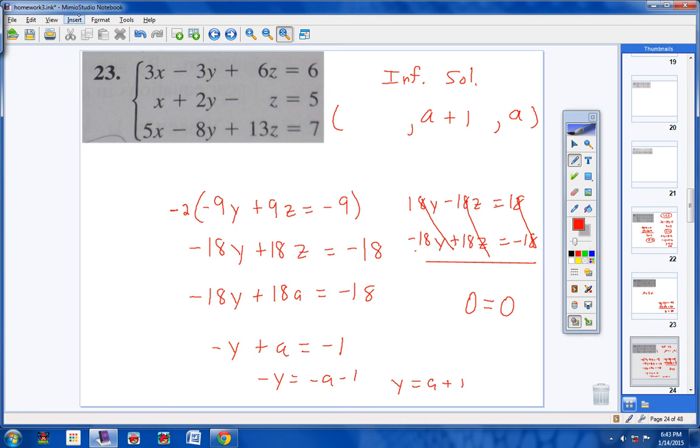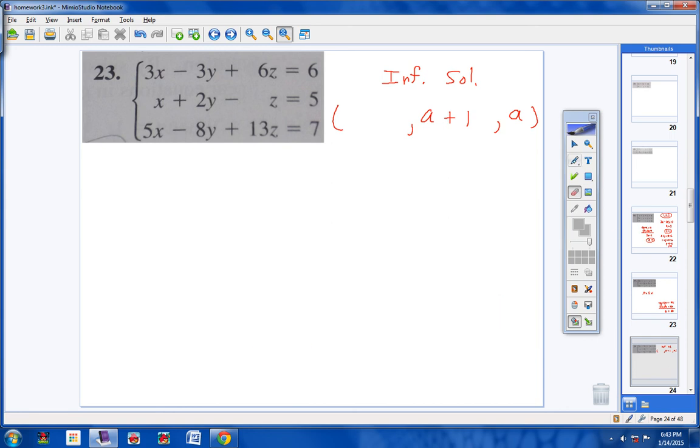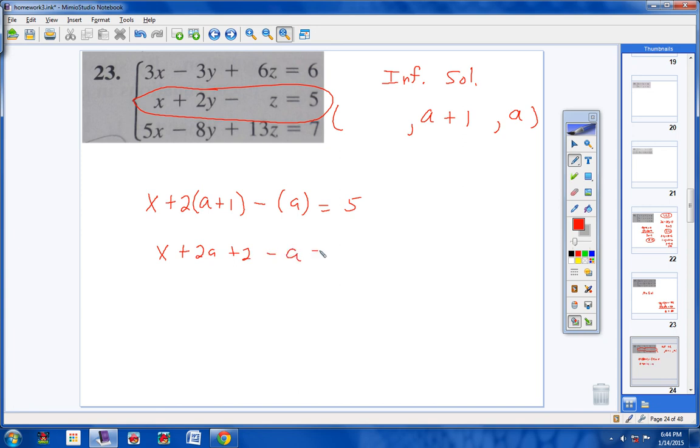So the last thing we have to find now would be your x value. Alright, so here we go. Really, students, we can choose any equation we want. It doesn't matter. We'll choose this one. This one has smaller numbers, so x plus 2y minus c equals 5. What are we going to put for y? Well, y is a plus 1, and c is a. So x plus 2a plus 2 minus a equals 5.